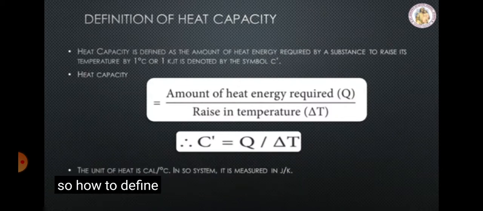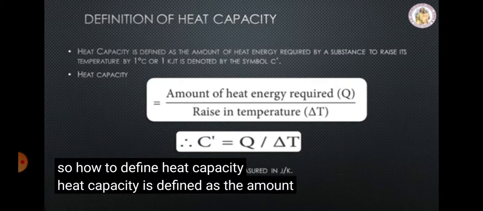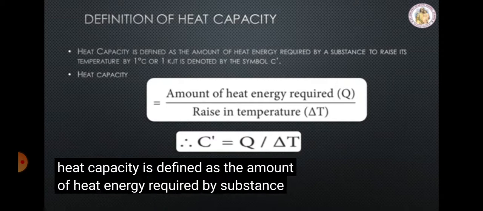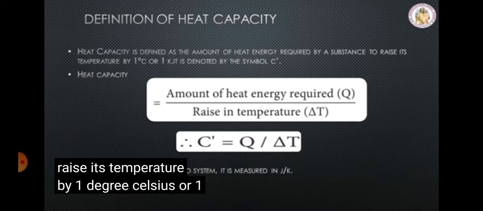So how to define heat capacity? Heat capacity is defined as the amount of heat energy required by a substance to raise its temperature by 1 degree Celsius or 1 Kelvin.